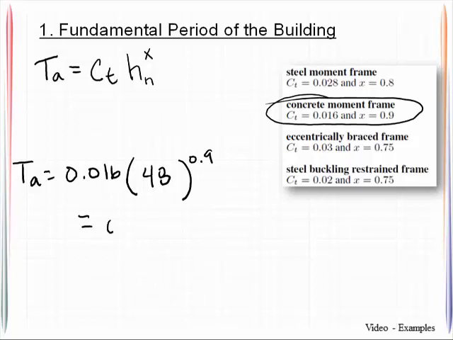This will compute out to be 0.521, and the units on that will be seconds. Once again, I want to remind you that the subscript a says that it is an approximation of what that fundamental period is.